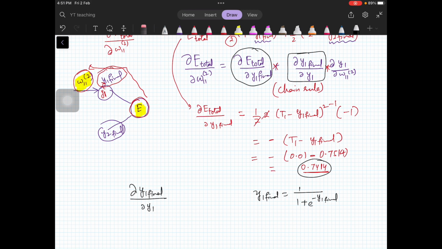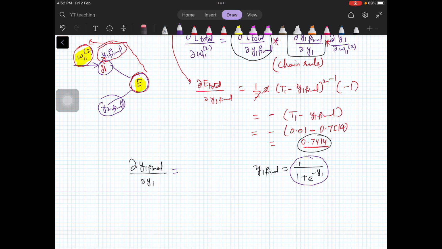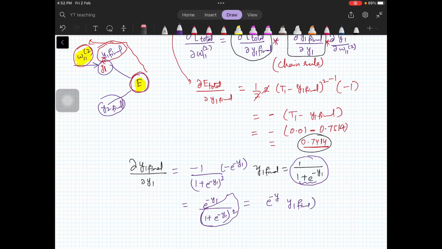If you differentiate it, you get minus 1 over (1 plus e raised to power minus Y1) square, into the derivative of this particular thing here, which is minus e raised to power minus Y1. So this is e raised to power minus Y1 over (1 plus e raised to power minus Y1) square. Now this quantity here is nothing but Y1 final square, so this is e raised to power minus Y1 times Y1 final square, right?